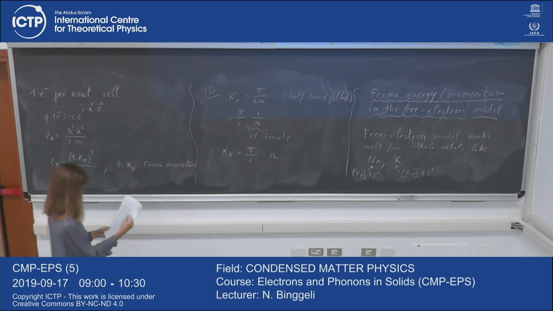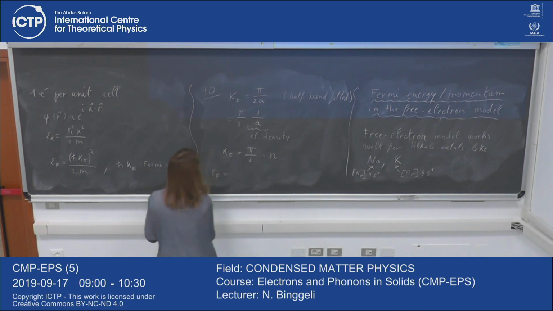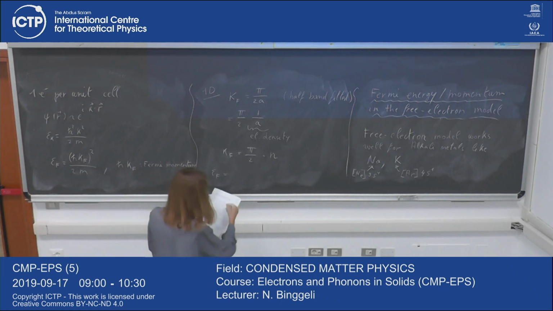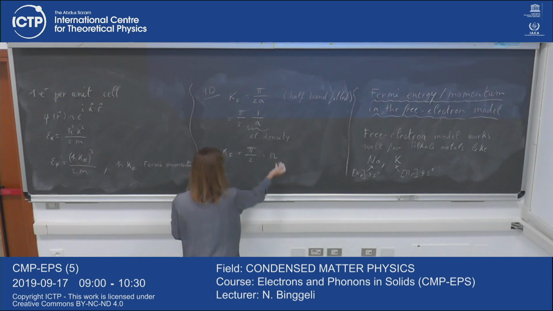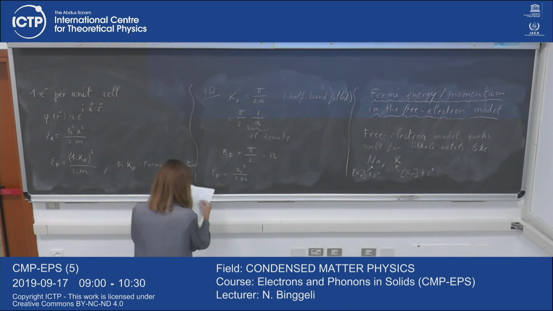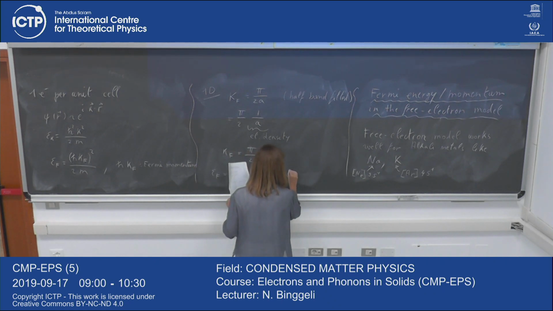So the energy epsilon Fermi in the case of a one-dimensional system with 1 electron per unit cell, or n electrons per unit cell, is equal to h bar squared over 2m times k_F squared, which is pi over 2 squared times n squared.